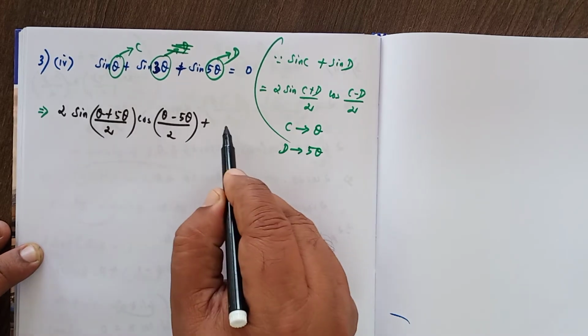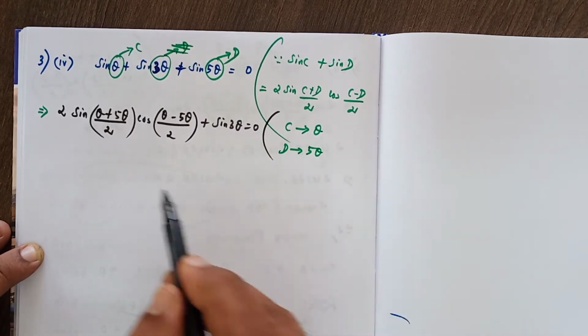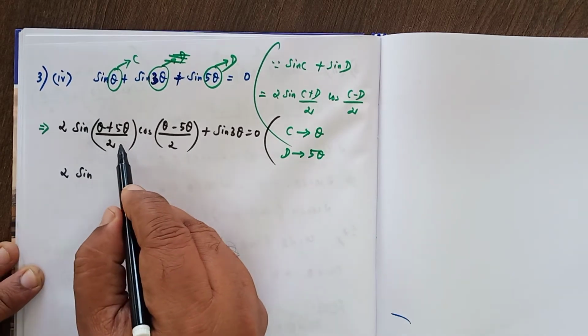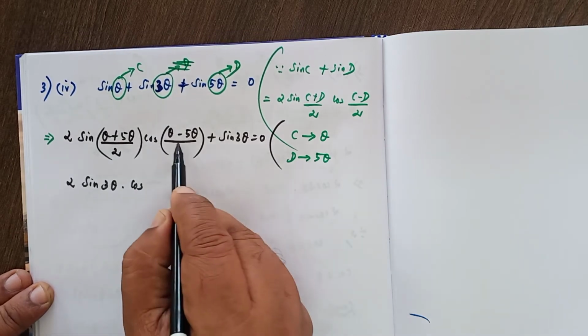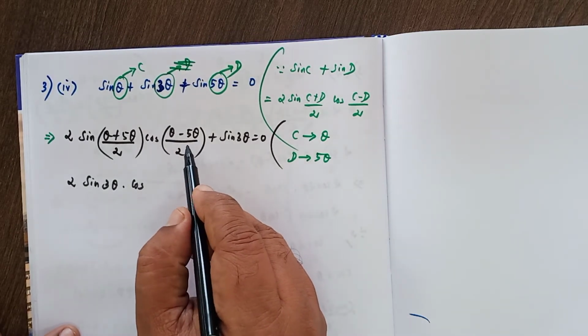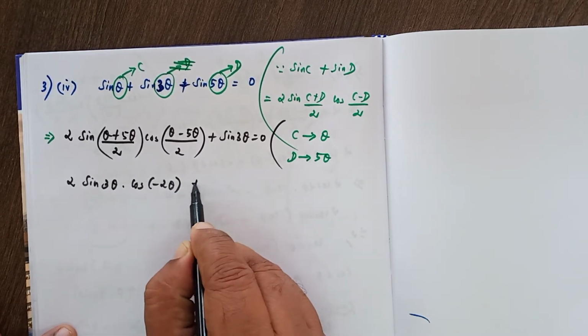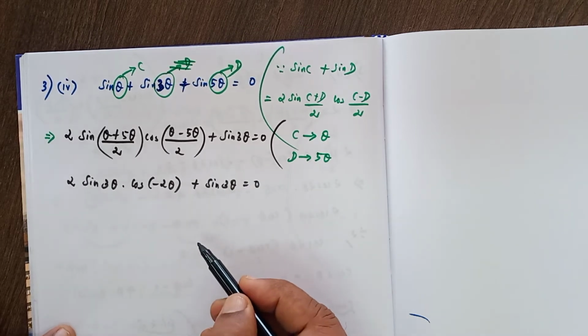The middle term we haven't taken, so write sin 3 theta equals 0. So 2 into sin of (1 theta plus 5 theta) that is 6 theta by 2 equals 3 theta, into cos of (1 theta minus 5 theta) that is minus 4 theta by 2 equals minus 2 theta, plus sin 3 theta equals 0.